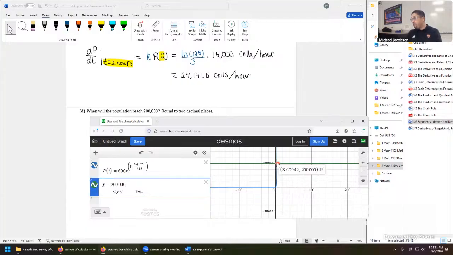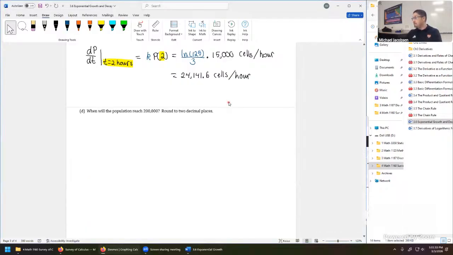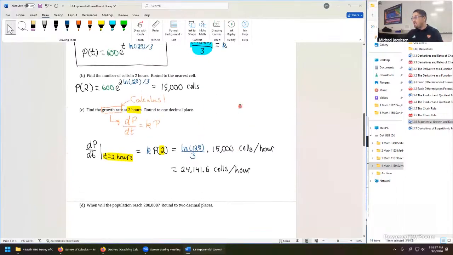So I'm expecting 3.6 hours. Let's solve this algebraically and see exactly what it'll come out as. We need to use this model right here up on top. And we're trying to solve when will the population size at time t reach 200,000. First thing you can do here is take this entire right-hand side, substitute it in for population size at time t.